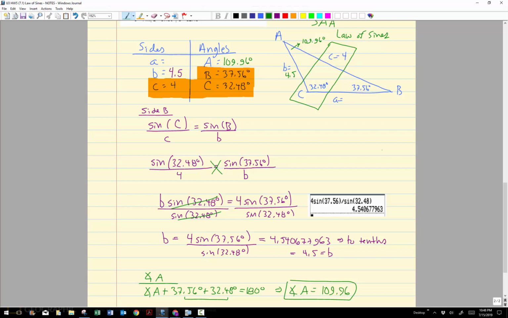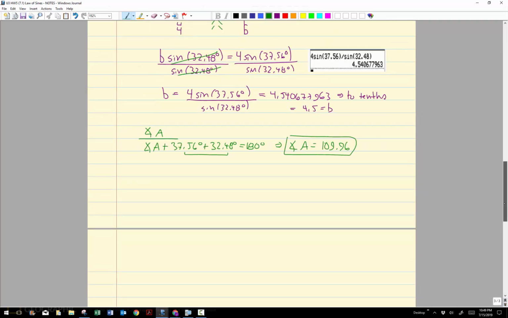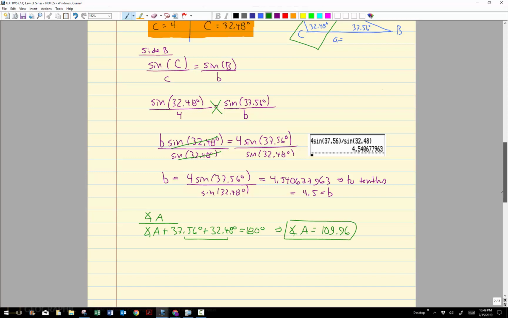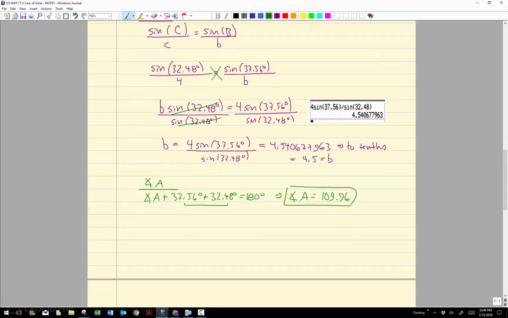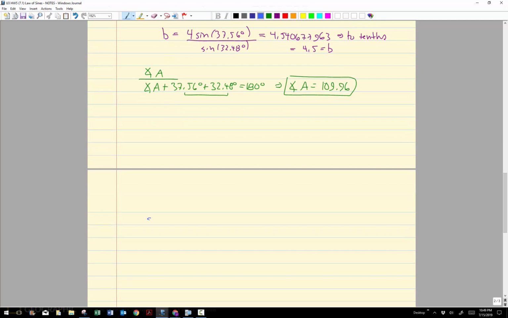So next I need to find side A. Now to find side A, I'm going to have to set up my law of sines again, but I don't want to go off of anything from B because I could have a mistake there, so I still want to go off of C. So again, the sine of C over side C equals the sine of angle A over side A. And I want to solve for side A, so this will work great.